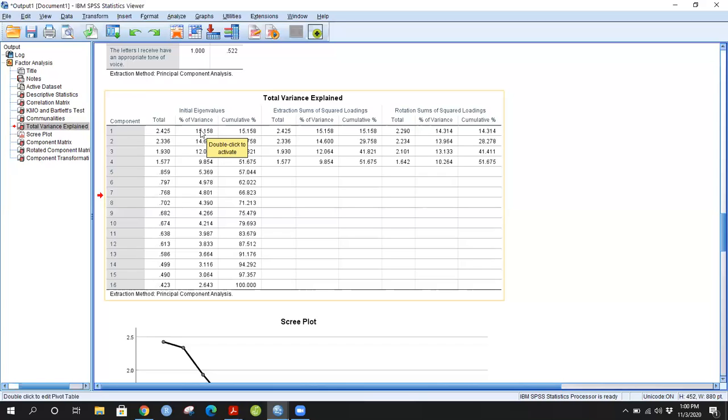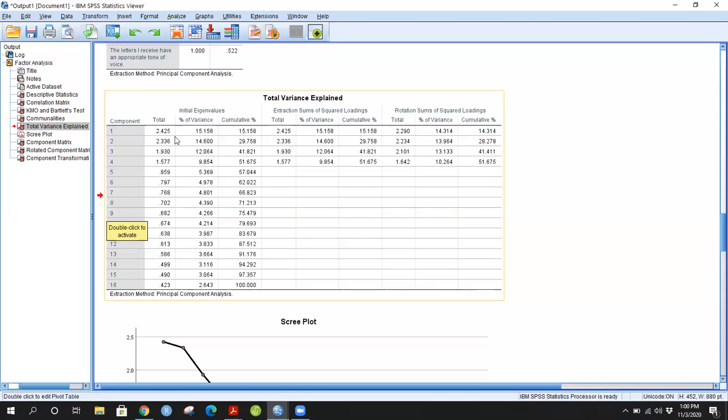This is the percentage of total variance in the data formed by the 16 variables which gets accounted for by my first component, or first factor. Likewise, the second is 2.336 divided by 16 into 100, and so on for the third, fourth, and all the factors.